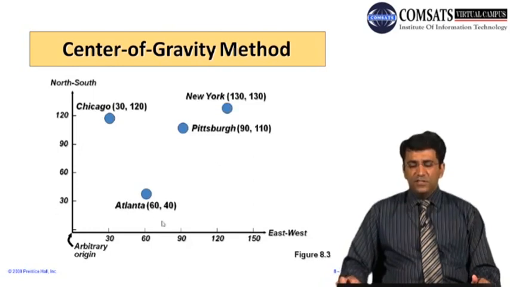Now students, again you can see the x coordinate and y coordinate for the different locations which have been given in this graph. And according to these coordinates, we have pointed out the location of these different cities and countries.